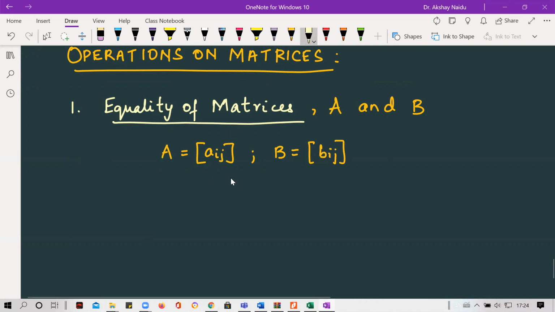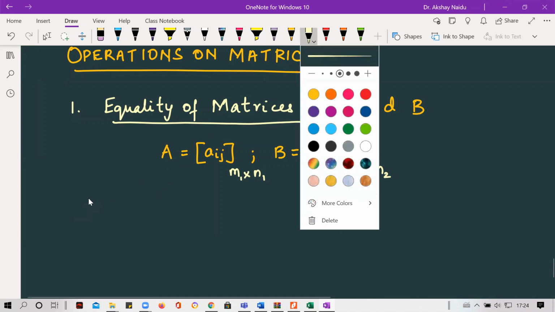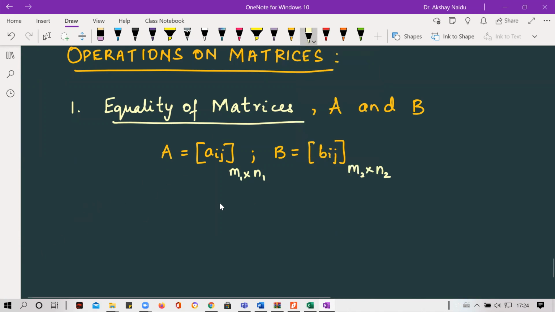When determinants are same, I think. No, no. When Aij equals Bij. When the order and elements are equal. Yes, very good, very good.